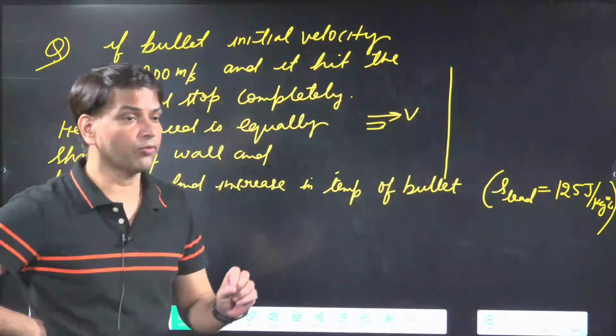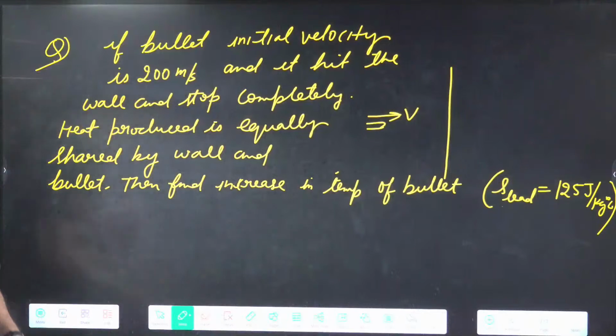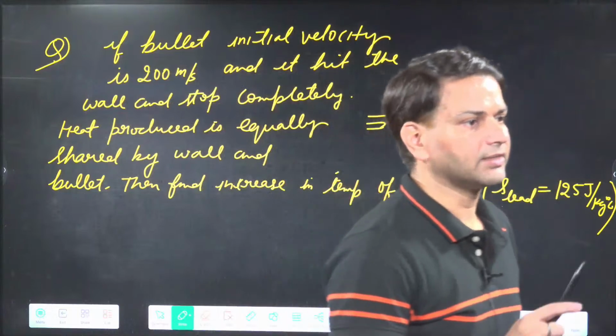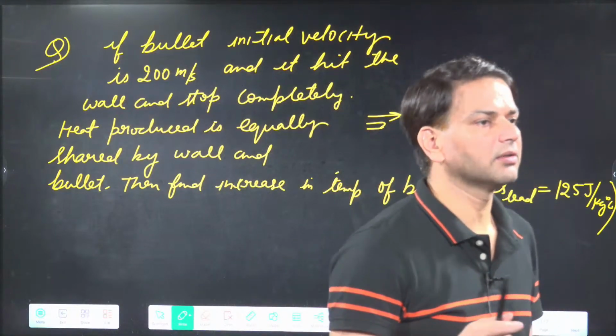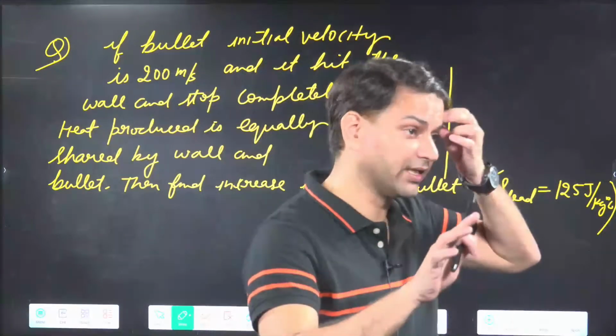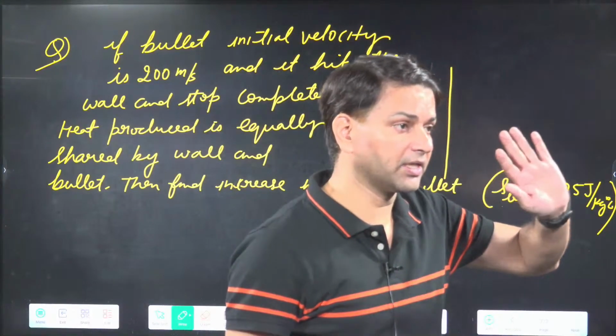So what is the total heat produced? That is half mv square. In joule, and if you are writing in calories, half mv square by J. Everybody is getting it or not?